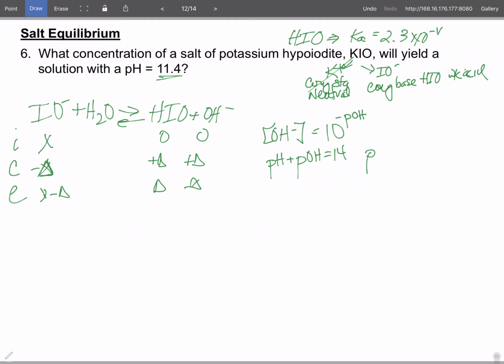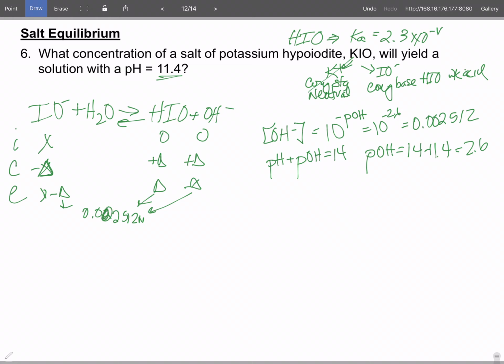So our pOH is equal to 14 minus 11.4, which comes out to be equal to 2.6. So if we go 10 to the negative 2.6, that gives us a value of 0.002512, which means that the delta anywhere we look is 0.002512 molar.